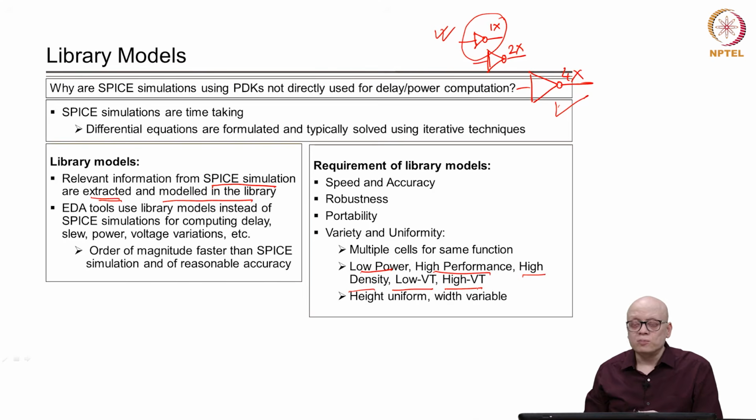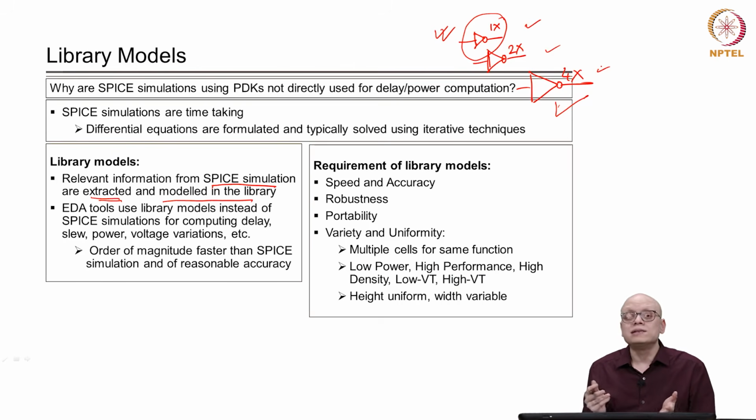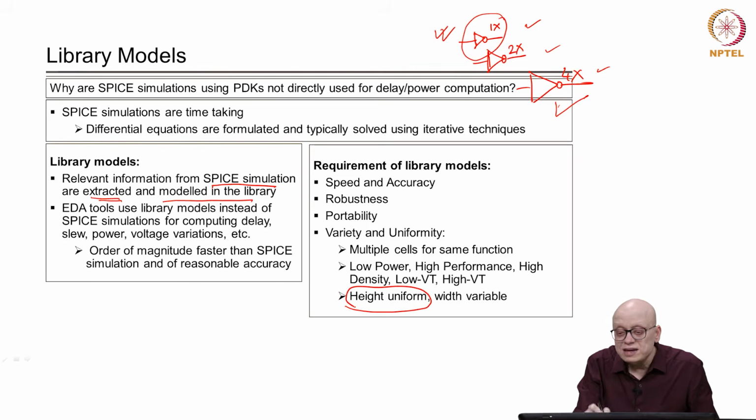And what about the uniformity? Now we have created various types of cells for the same functionality, for example, the inverter, where we created 3 different sizes. While creating these cells, we also maintain some uniformity, and the most commonly used uniformity is uniformity in height, meaning that though the size of the cell will change, for example, 4x will be 4 times bigger than the inverter of 1x size, we do not change the height of the cell, we keep it fixed.